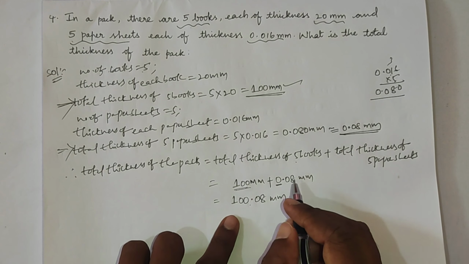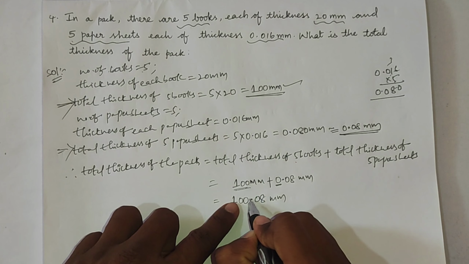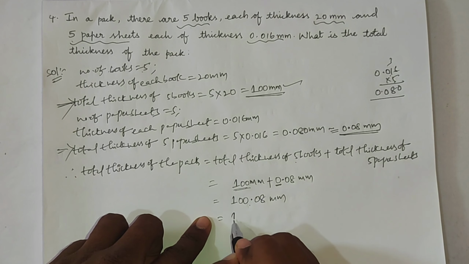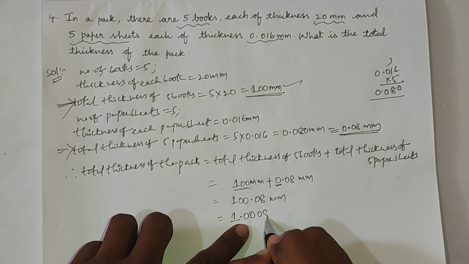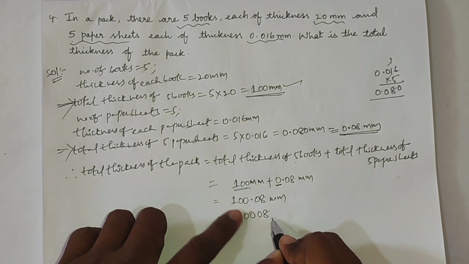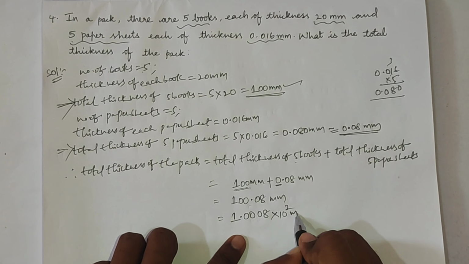Therefore the total thickness of the pack is 100.08 millimeters. To convert into powers, I shift the decimal point, placing it after 1, which gives 1.0008. The point is shifted 2 digits, so I multiply with 10 power 2 millimeters.